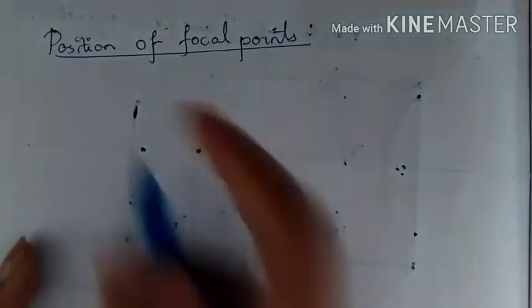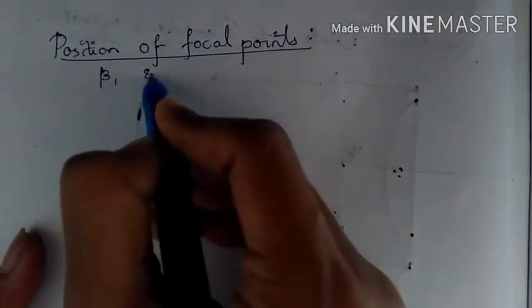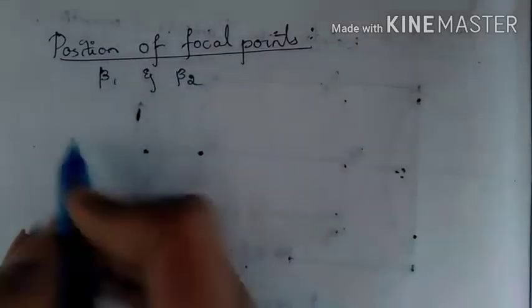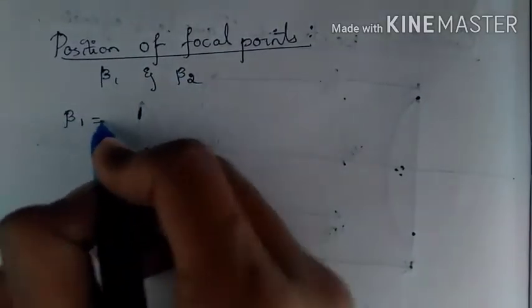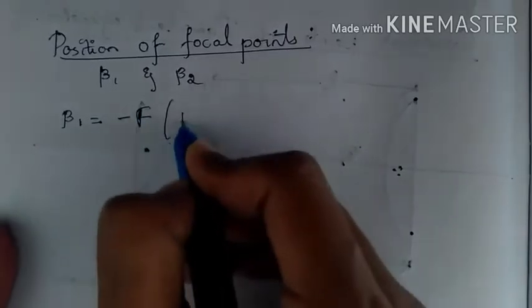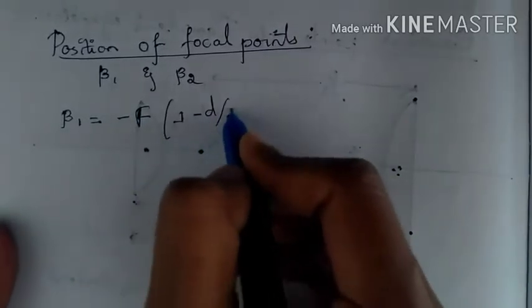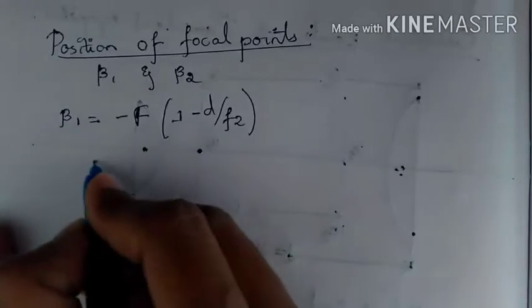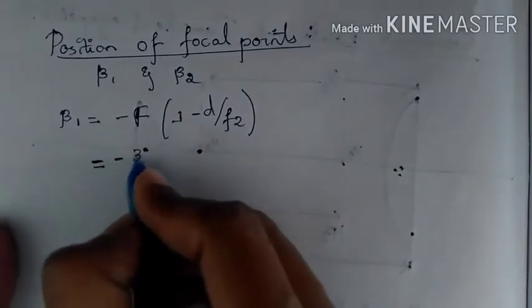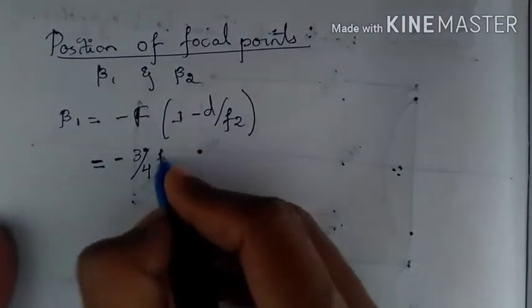So we have to find beta 1 and beta 2. So we know that beta 1 is equal to minus f1 minus d by f2. Substitute the values. So f1 we know it is 3 by 4 f.